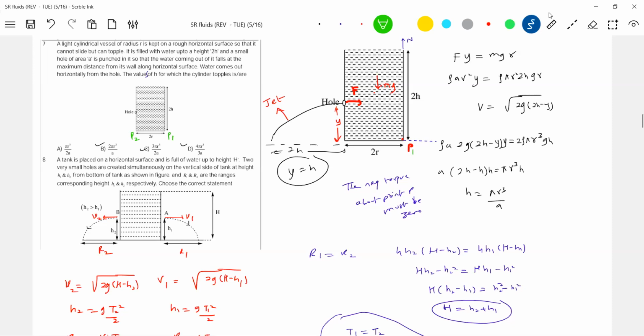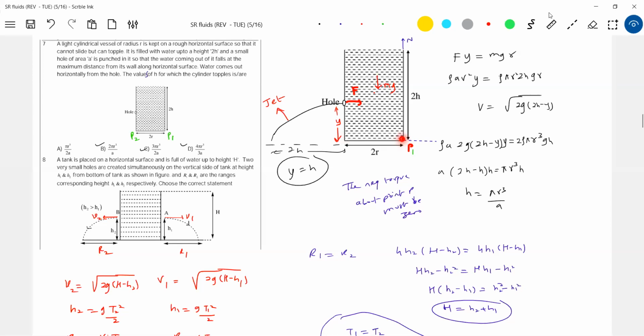Now, will it topple about P1 or P2? It has a tendency to topple about P1. How can I say? Because of the torque due to mg. If you say about P2, the torque due to weight mg is clockwise and the torque due to force will be clockwise, so it will tilt about this particular point.